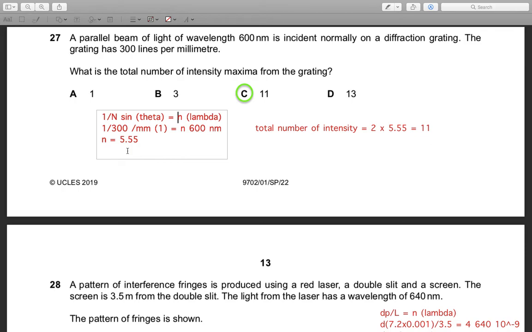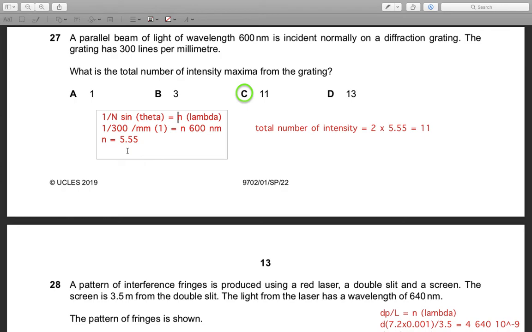Then the total number of intensity maxima is two times that, because on the diffraction grating one order equals two lines. It's about dark and light, black and white, when the grating is at the maximum superposition.